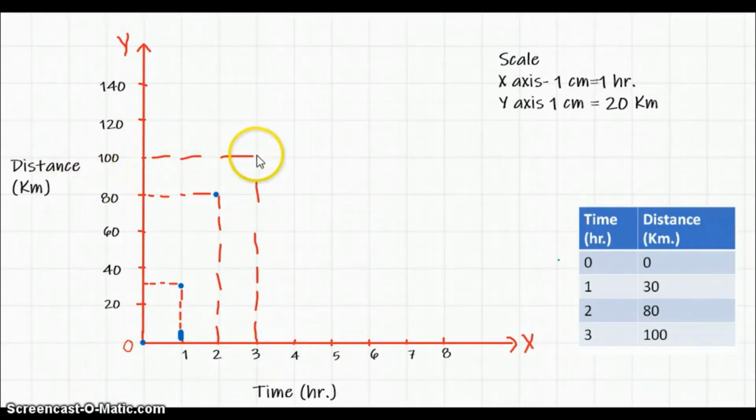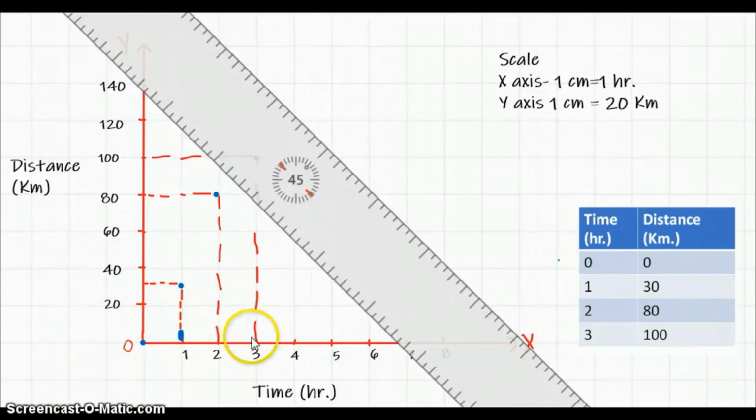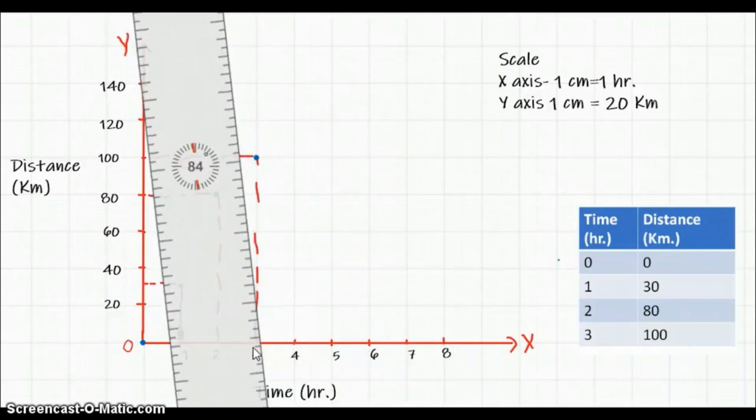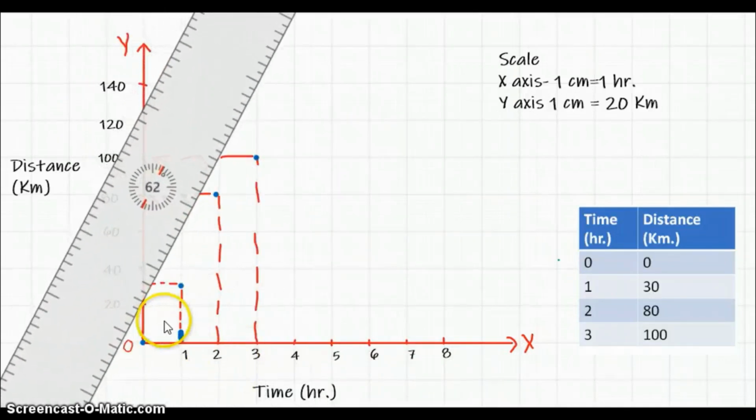So here our next point will be here. And now what you have to do? You have to just join all these points using this ruler. So here is the ruler, and now I am going to join these lines.